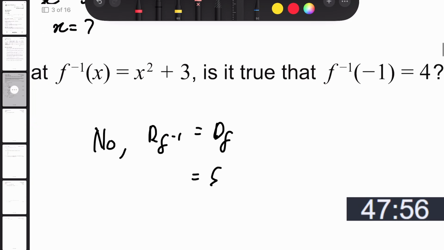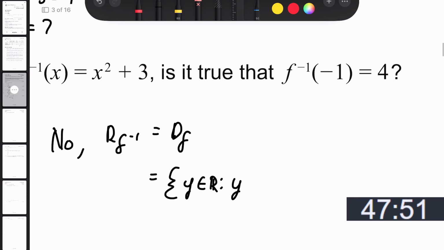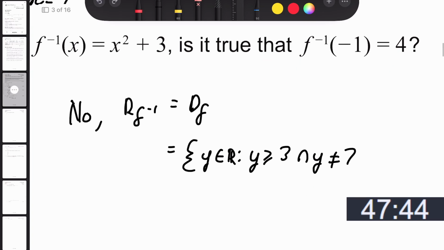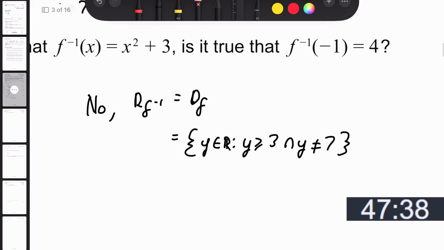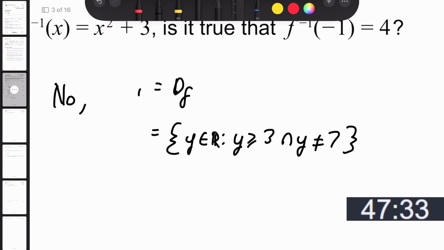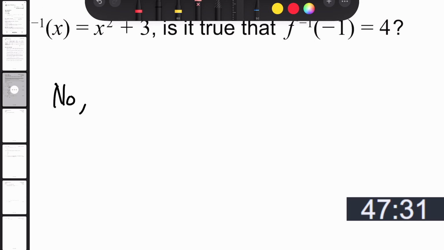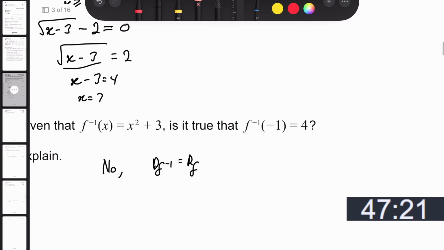So it's going to be equal to y is a part of the real such that y is greater than or equal to 3 and y cannot equal 7. And then, wait, that asks for domain, right? Yeah. Oh, no, hold on. I don't want this. I want that domain of f negative 1 is equal to range of f.